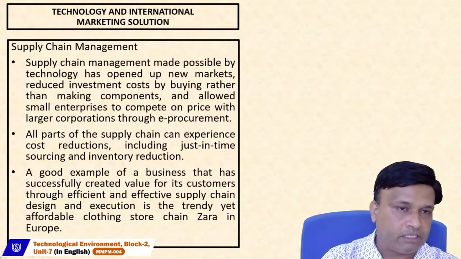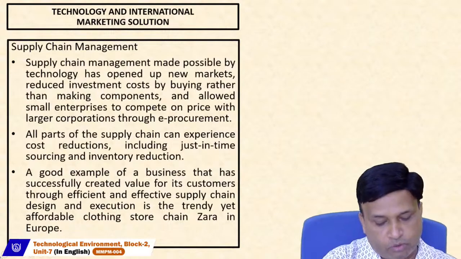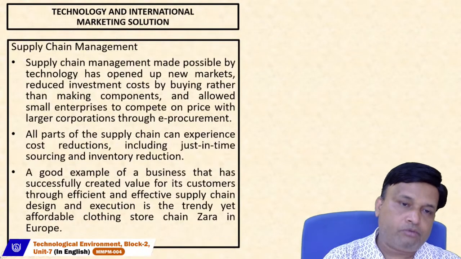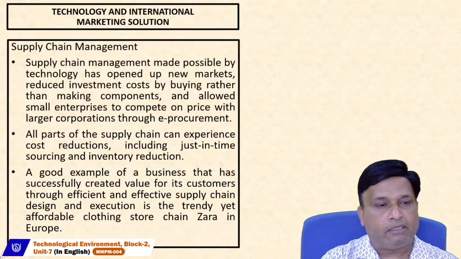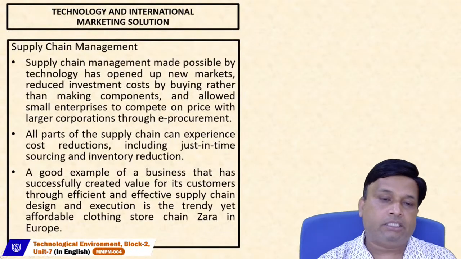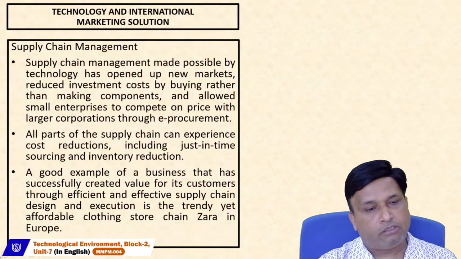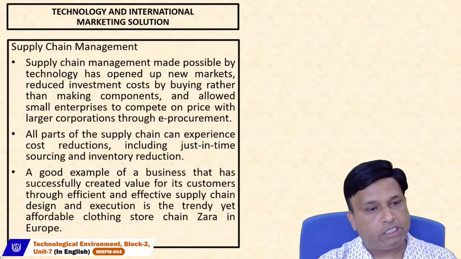Technology has enabled you to do business, marketing, and branding even if you do not have any product. With e-procurement, you can get the product. Since you are not involved in production or manufacturing, cost reduction is possible, including just-in-time sourcing.